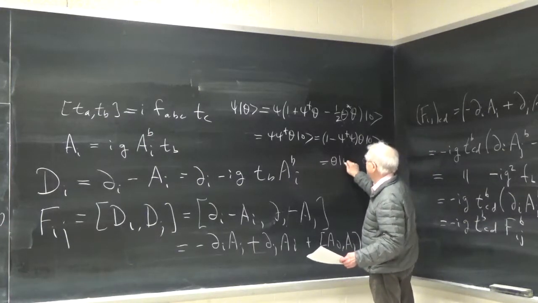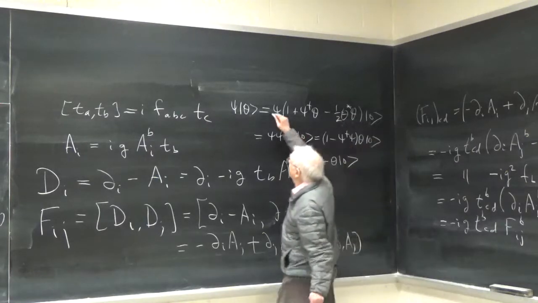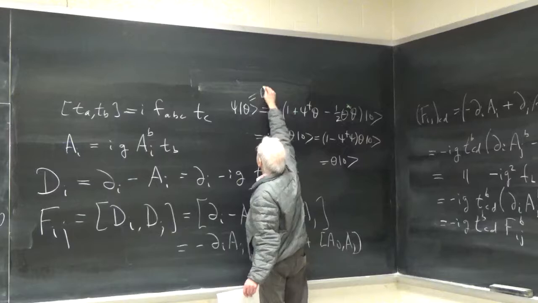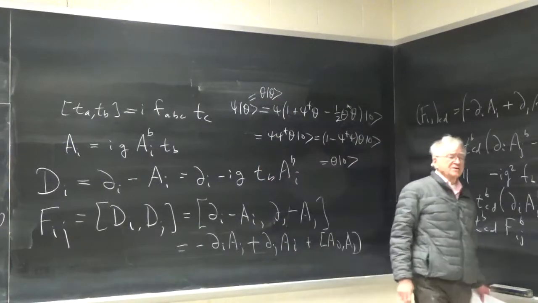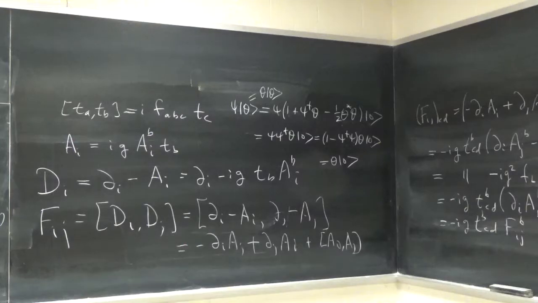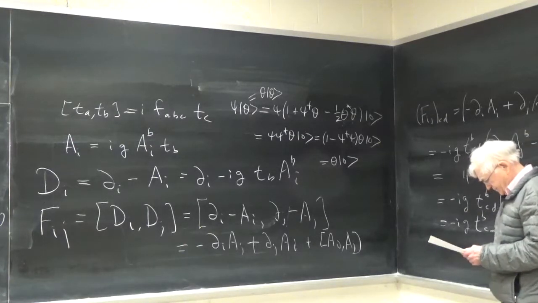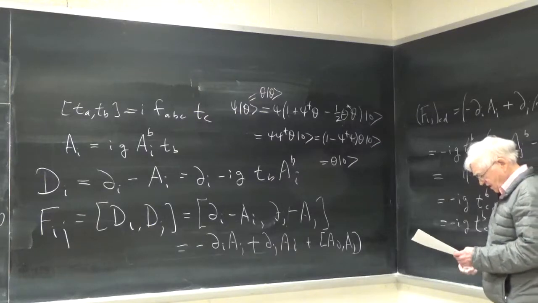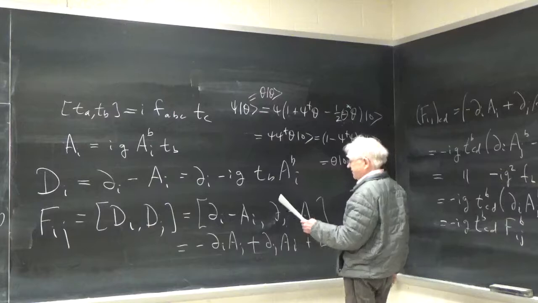So this is just theta 0. So what this tells us is that this coherent state deserves its name coherent state because it's an eigenstate of the fermionic annihilation operator. So psi theta is equal to theta theta.